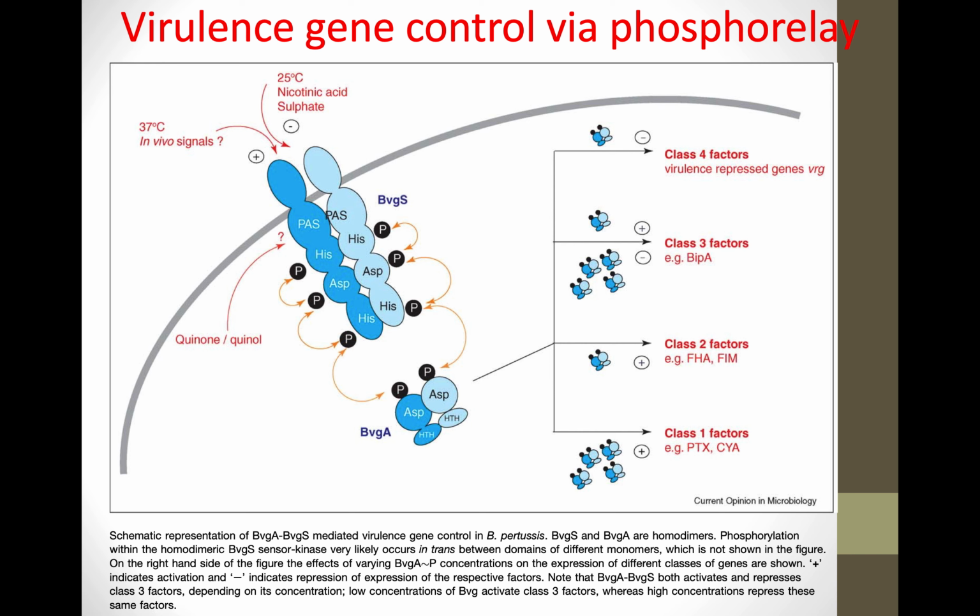For example, in this case, in B. pertussis, there are four classes of factors that basically could be produced as a result of the phosphorylase reaction. You could either get these two genes being expressed, or these two genes, or this one gene, and the last one would be the virulence repressed genes, VRG. This is the most virulent gene which will cause death.